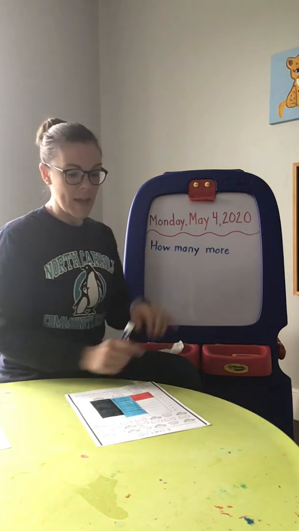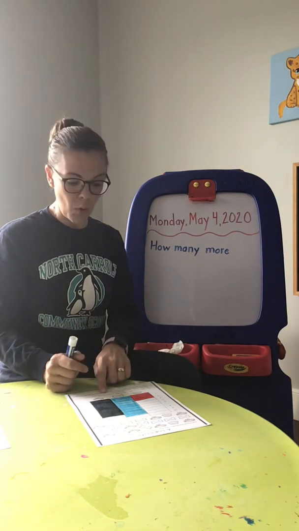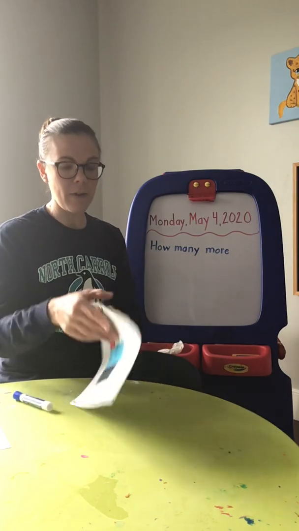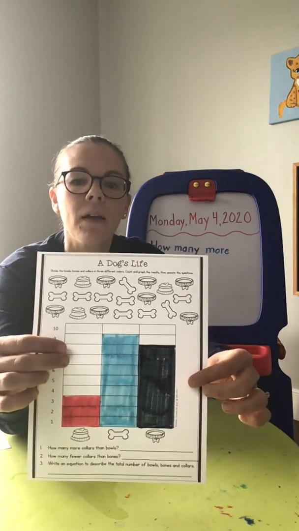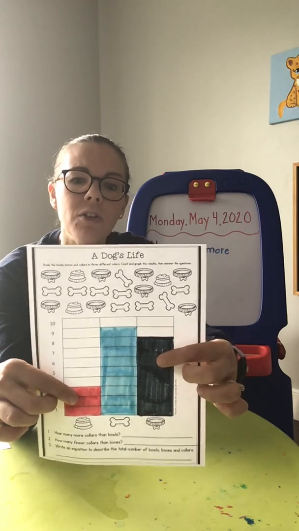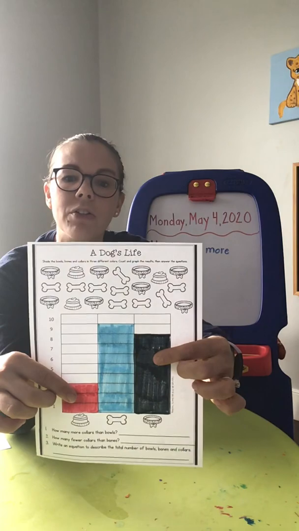So for this, if it says how many more collars than bowls, that means I'm going to be looking at the two objects of collars and bowls, all right? These are the two I'm going to be looking at to answer this question, how many more collars than bowls?